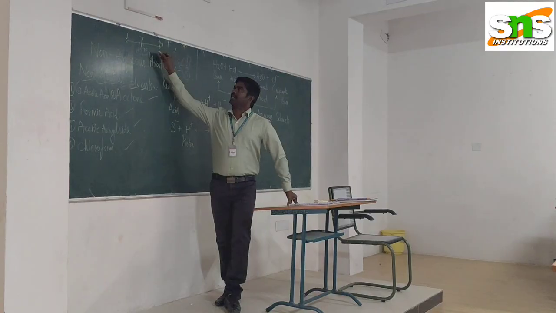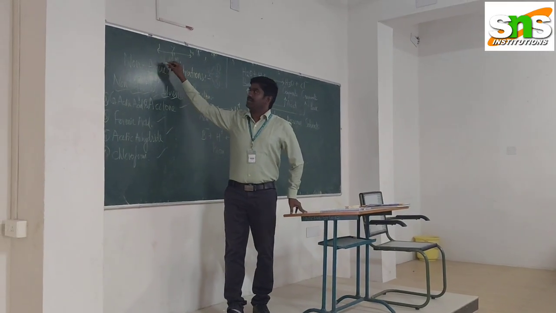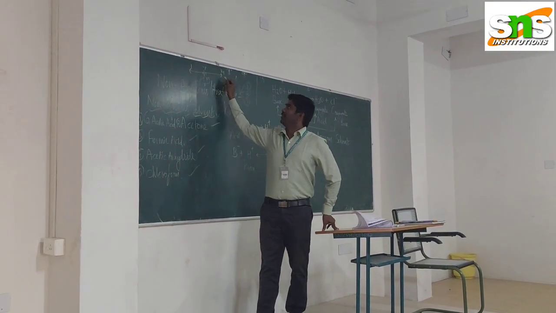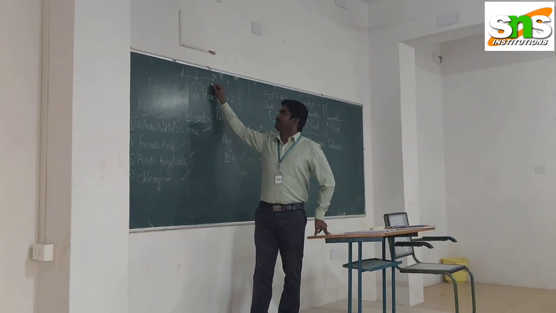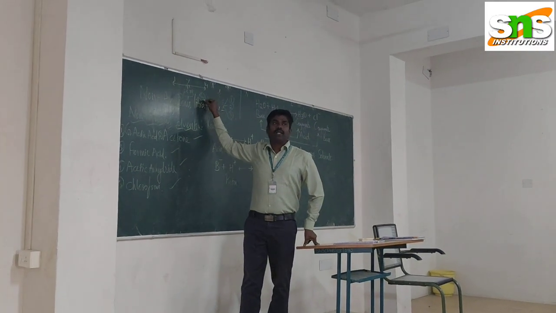So you know the pH scale over here: 1 to 7 is acidic, while 7 to 14 is base or basic or alkaline.